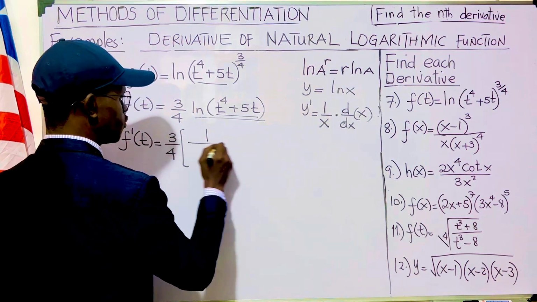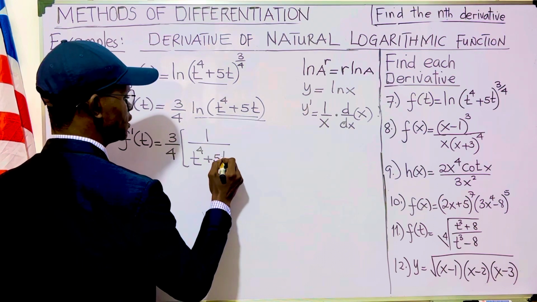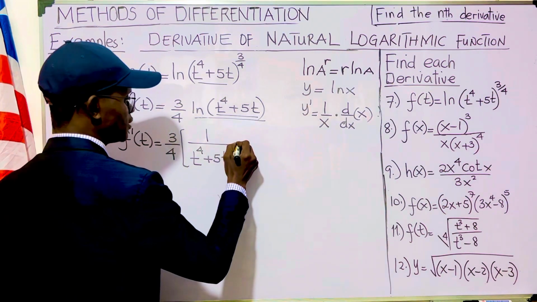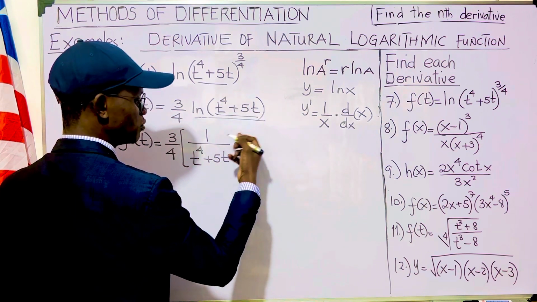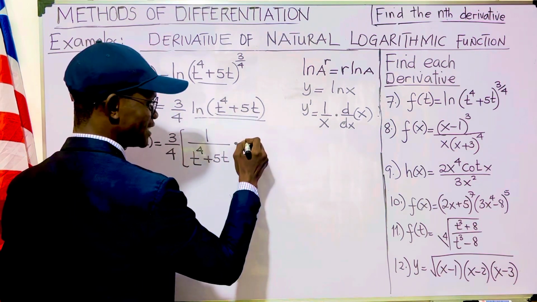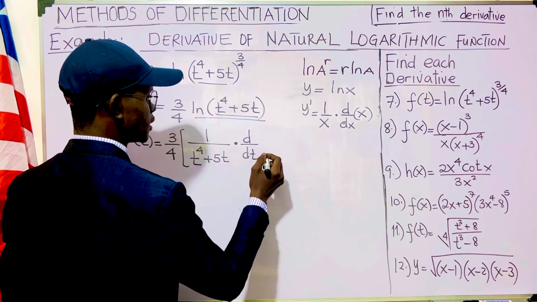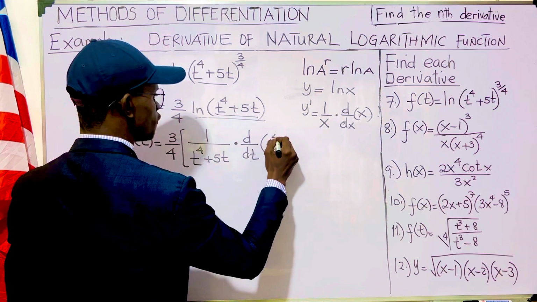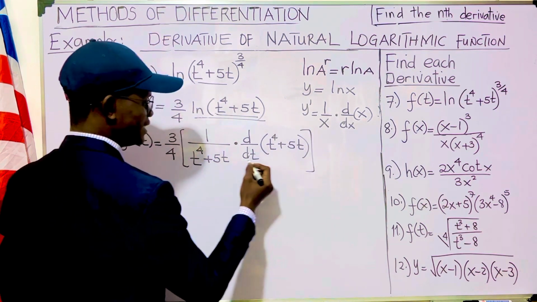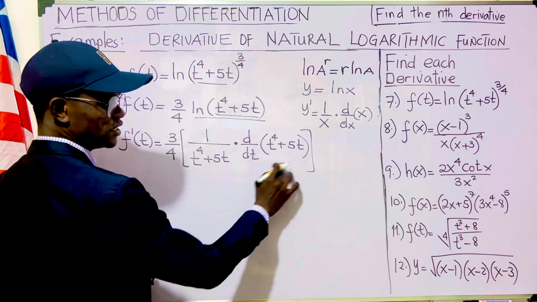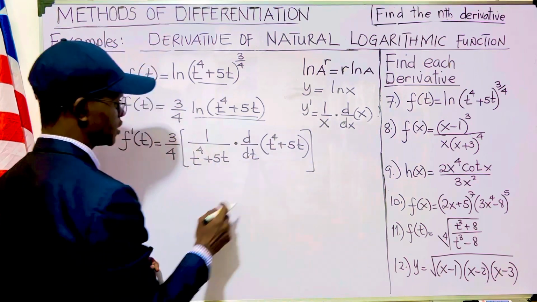So it's 1 over t raised to the 4th power plus 5t times the derivative of t to the 4th power plus 5t. If we want to write it step by step, we can say d by dt of t to the 4th power plus 5t. This indicates that we have not differentiated this function. This shows that we are about to differentiate this function right here.